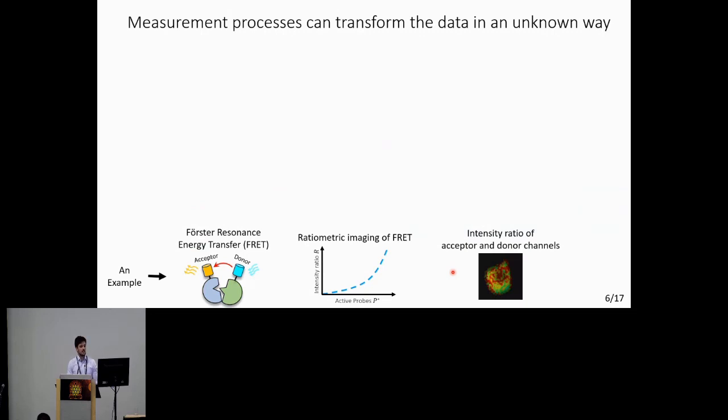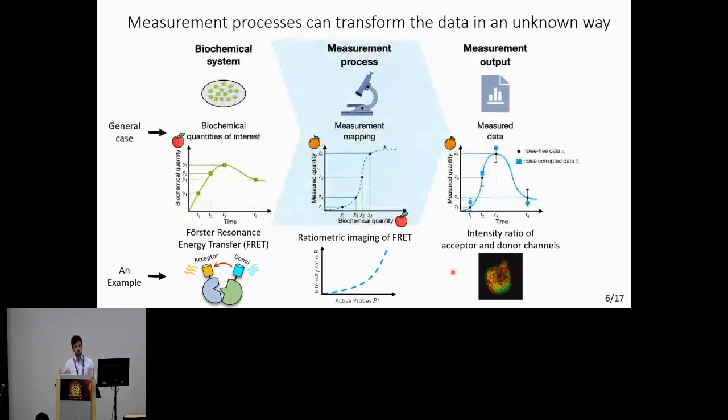So this is one example. There are a bunch of other examples, for instance, Western blotting or fluorescent immunochemistry. And we can pose this in a general way. We have some kind of a biochemical quantity of interest that we would like to measure, and there is some kind of a measurement process that can alter the data in an unknown and nonlinear way. The output is some measurement data.